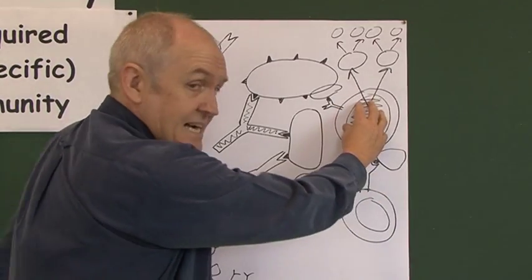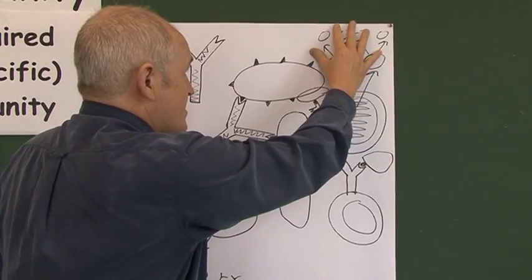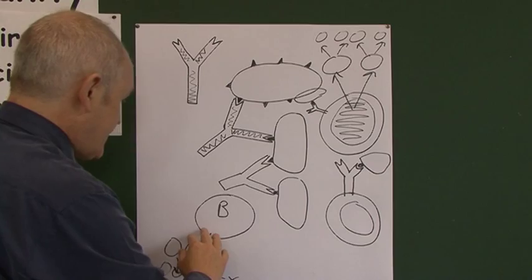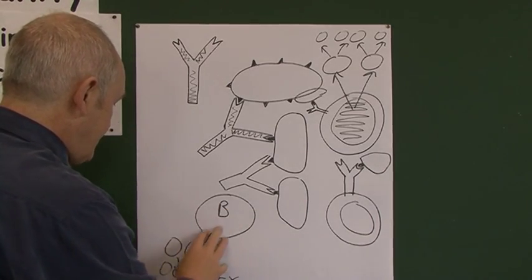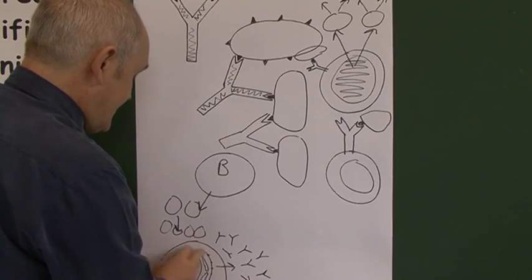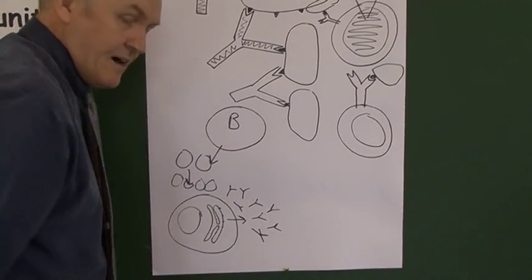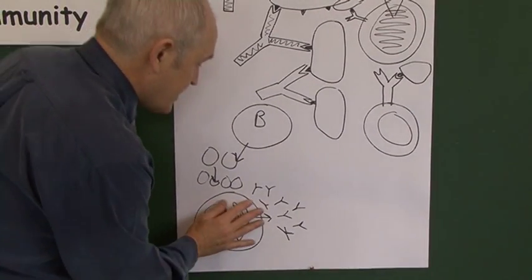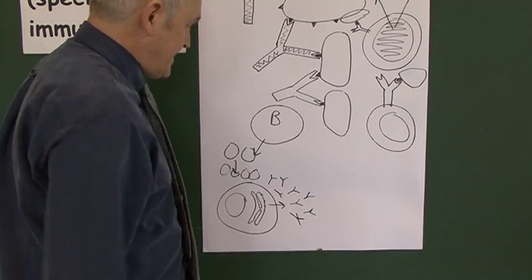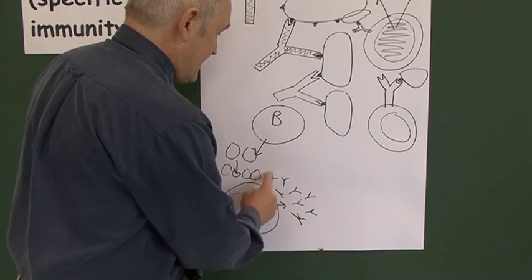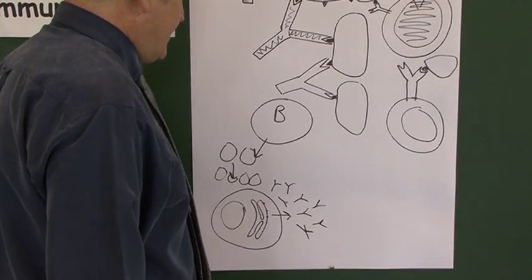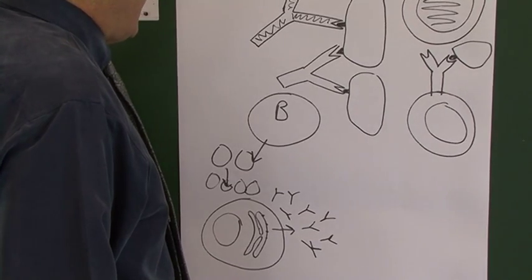So this cell is activated and divides into clones of millions of them. So we get the B cell here, activated by this process of clonal expansion, differentiating into effector cells called plasma cells, releasing untold billions of antibodies, and these antibodies then combat, they fight the original infection, the original antigen.